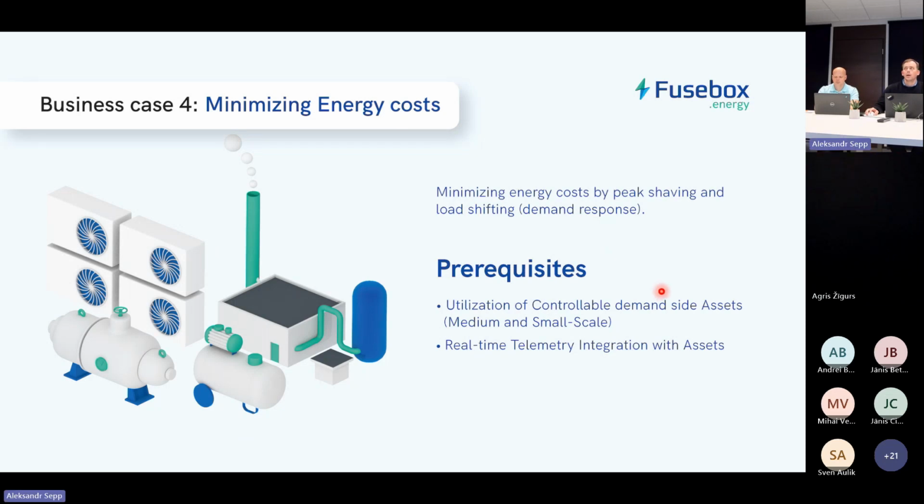It is a combination of demand side response, energy arbitrage, and really synchronizing the asset consumption or production according to the market fluctuations. So for that, we need real-time telemetry. In some cases, it can be even up to 1 minute.